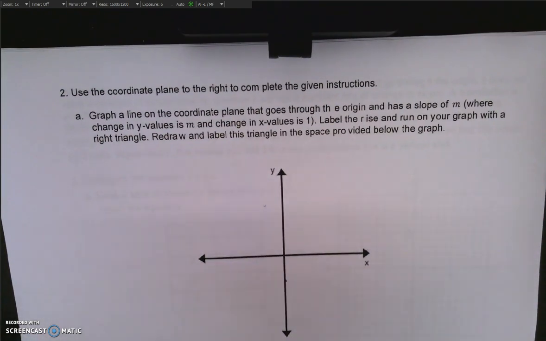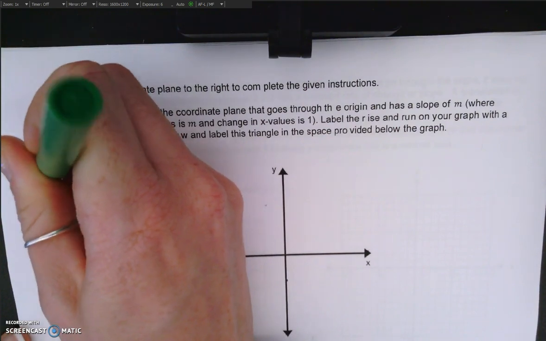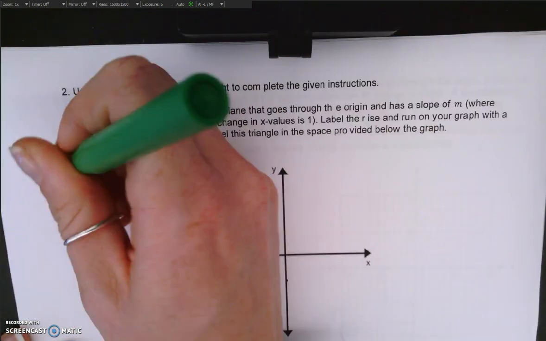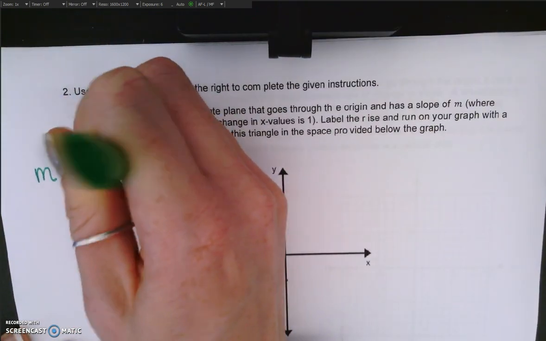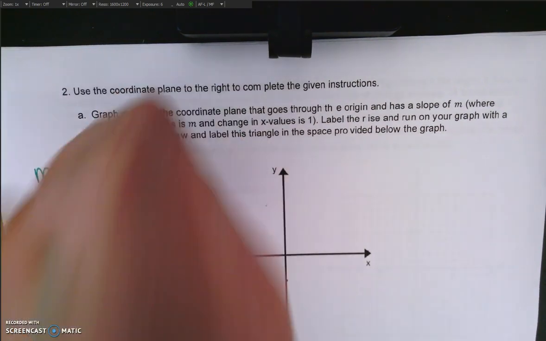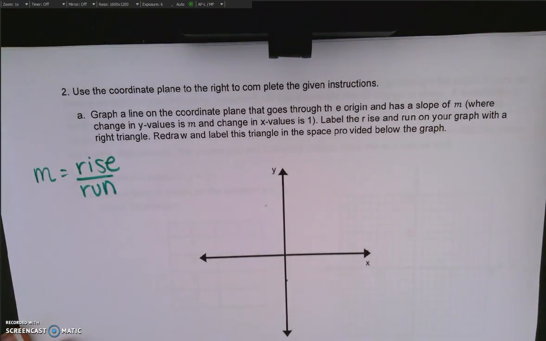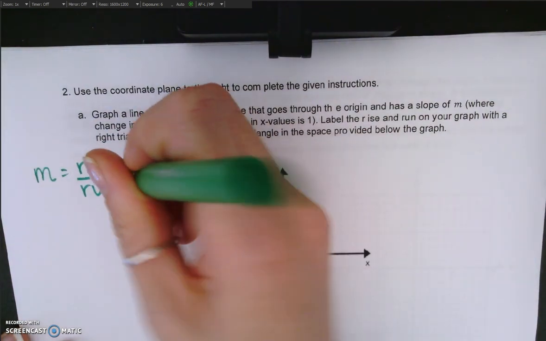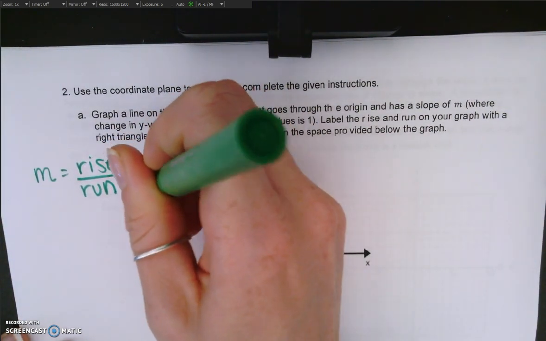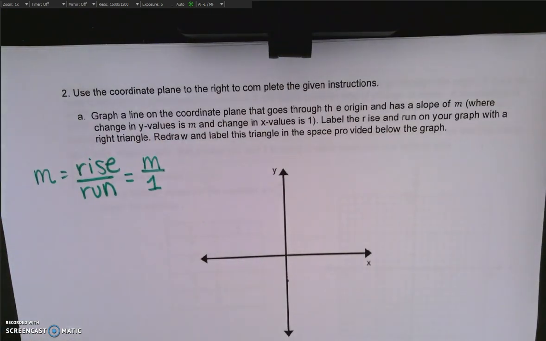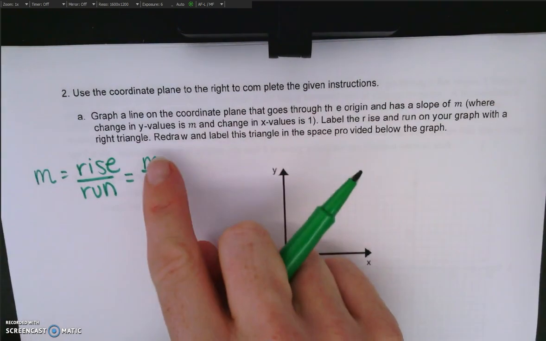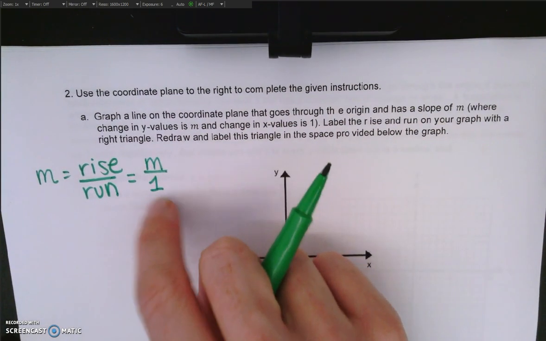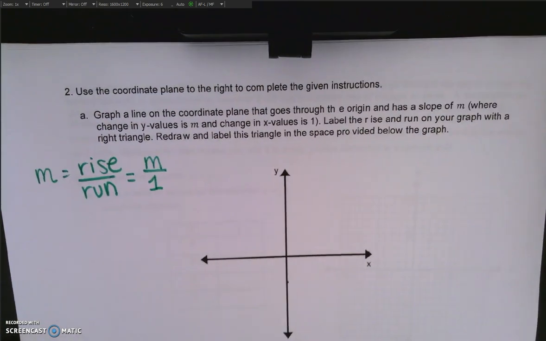So what they're saying here is that because we know that slope is little m, which is rise over run, to make our calculations easier and more efficient, we're going to say that this is m over 1. Since we always want to represent slope as a simplified ratio, if there's a number without a denominator, that sneaky silent denominator is always 1.